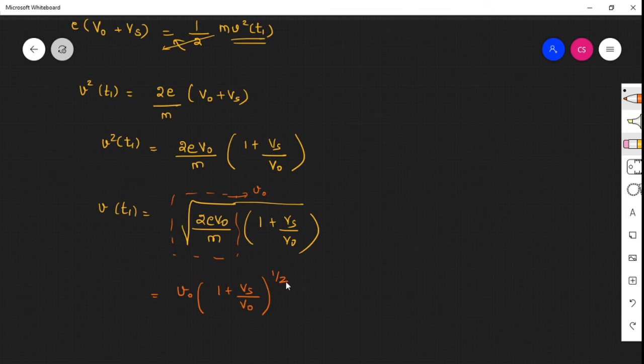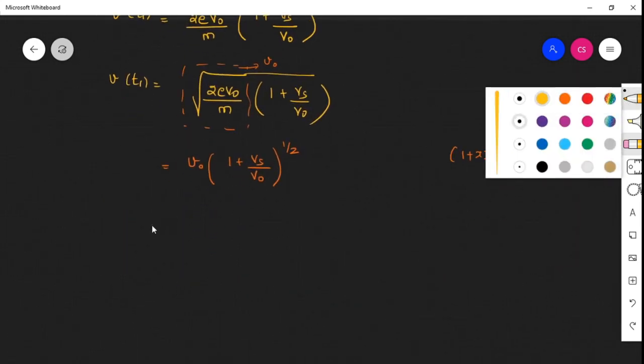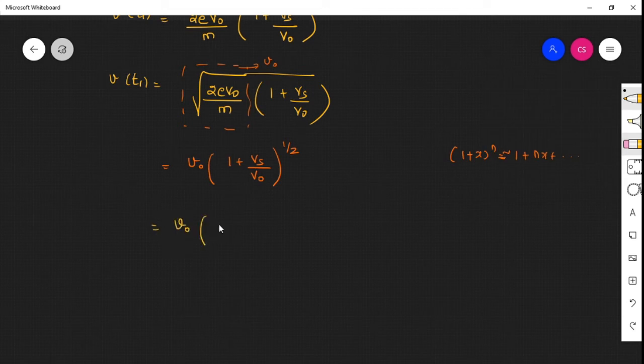Now expanding this using the binomial equation, 1 plus x the whole power n is equal to 1 plus nx plus etc. But here it is approximately equal to 1 plus nx. So this term we can write as v naught into 1 plus half of Vs by V naught, right?